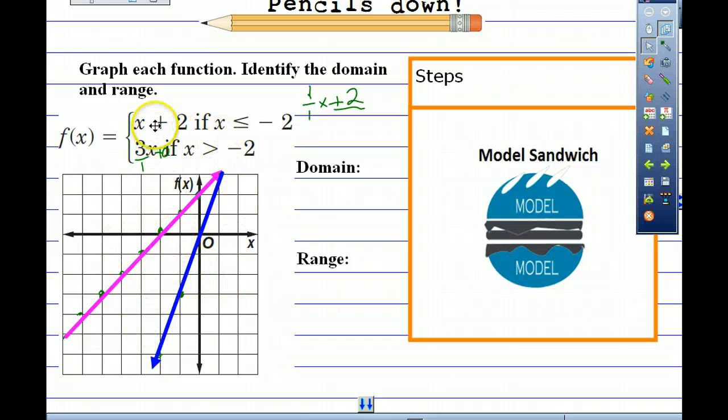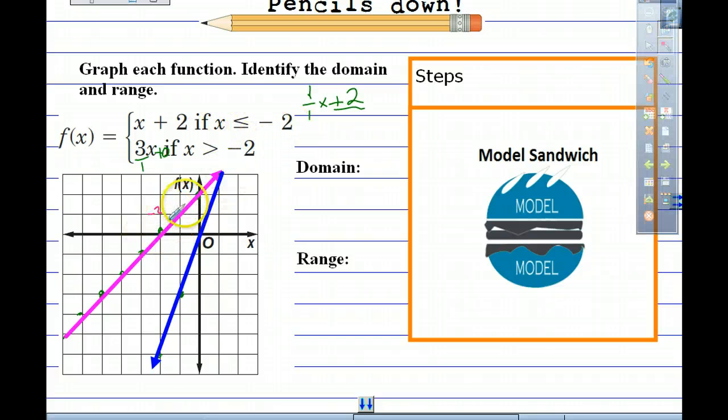And then, right here, that pink line, we only want to have it there for all the x's that are less than or equal to -2. Not the whole thing. We don't want it all over the whole graph. We only want it up to whatever they tell you. X equals -2. That's right here. So I want only the pink graph left of -2.